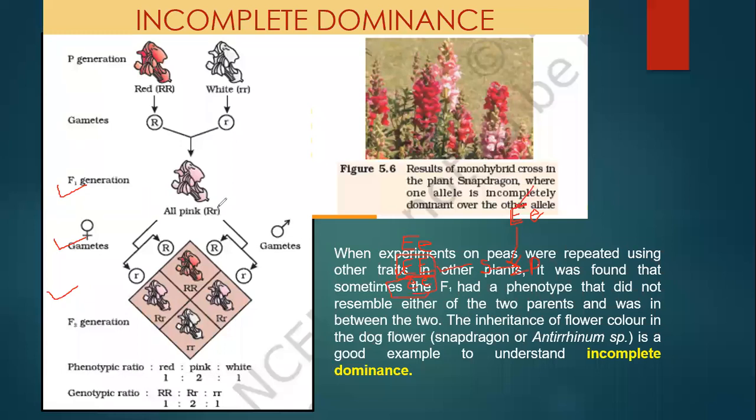Whenever both capital R alleles are present together, the product produces a red color, so a red flower is produced. When both recessive alleles are there, it imparts a white color, so a white flower is produced. But in a case where capital R and small r are present together, what will happen?